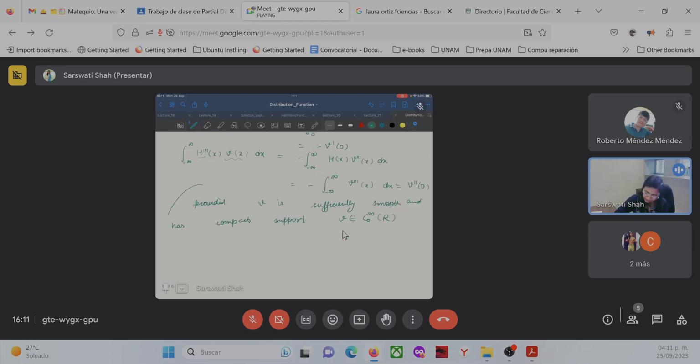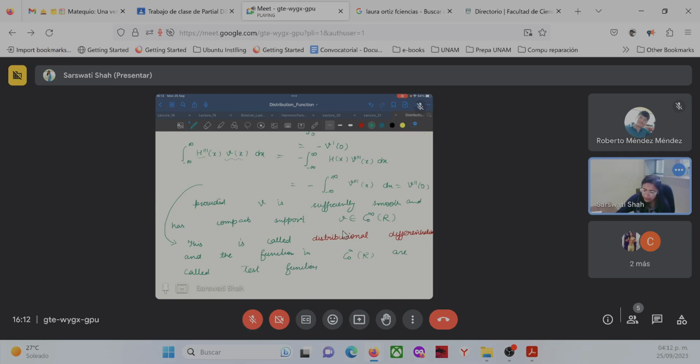This kind of differentiation is called distributional differentiation, and the functions in C naught infinity R are called test functions.